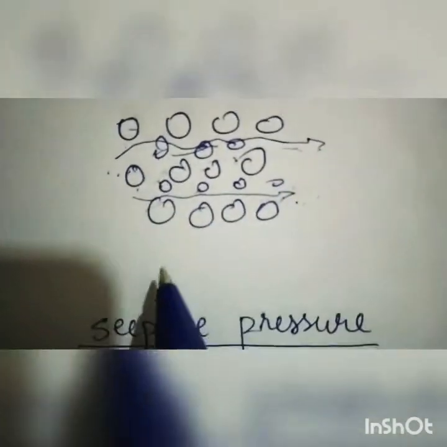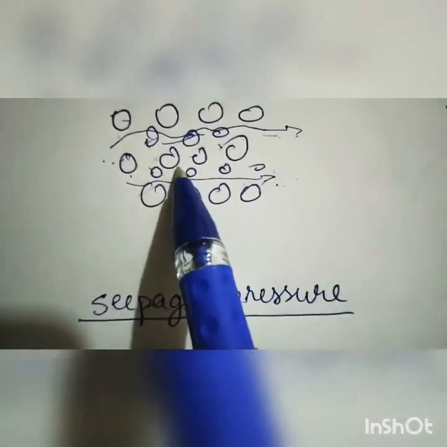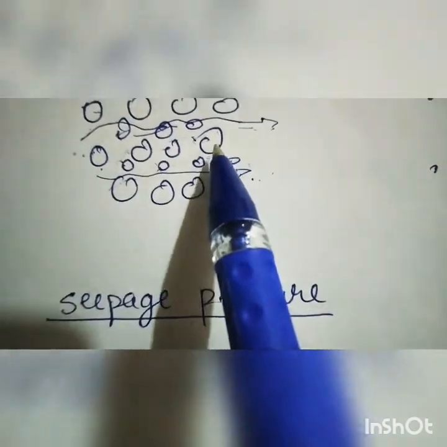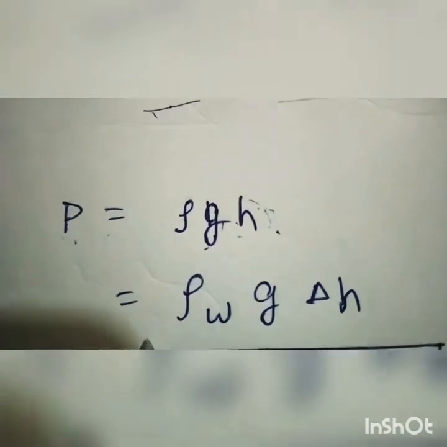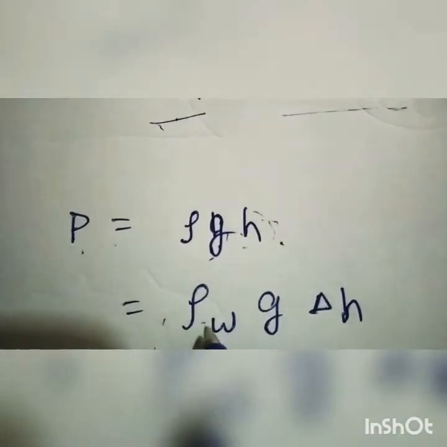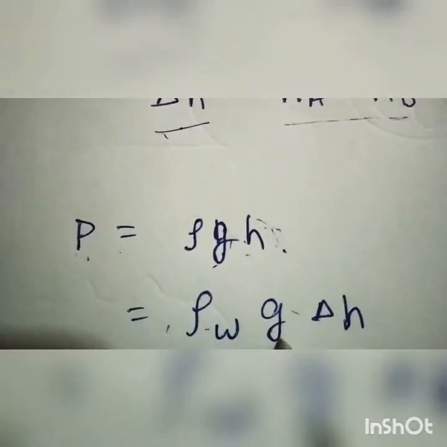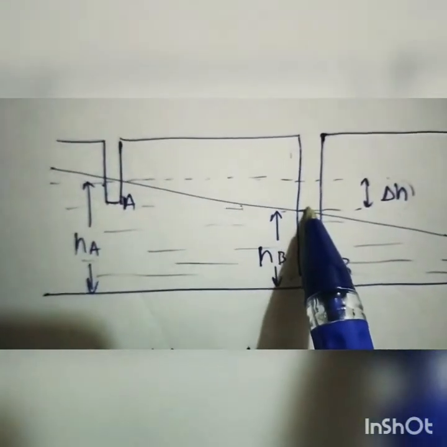Now again, when the water flows, it flows with some pressure. So we can equate the pressure as we know from the hydraulic equation: pressure is equal to rho g h. This is the density, g, and the h, height. Now here rho will be of water, g is the constant, and h will be this head loss.